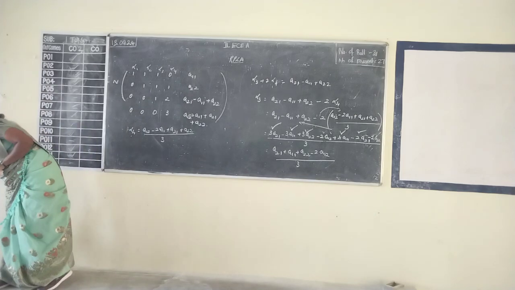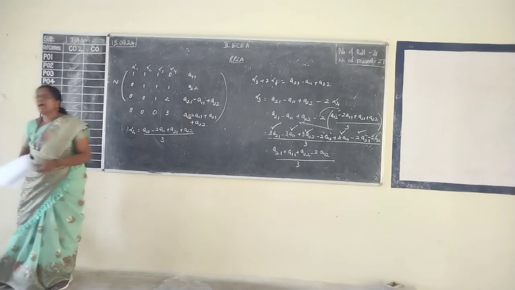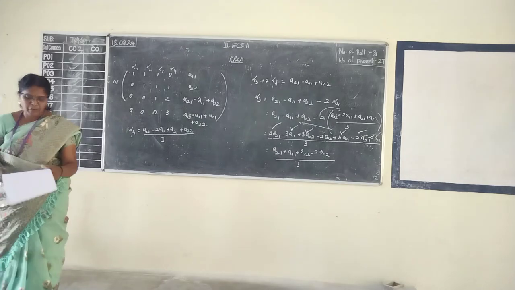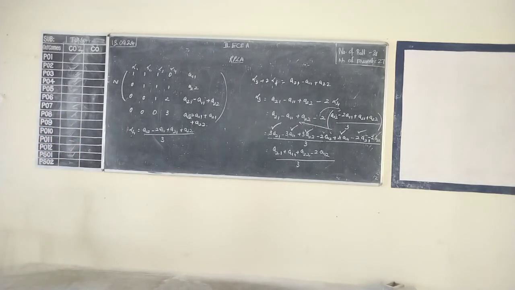So this is the answer for which one? Alpha 3. Still how many values have to be found? Alpha 2 and alpha 1. Note down. Alpha 2 equals a22 plus a12 plus a11 minus 2a21.